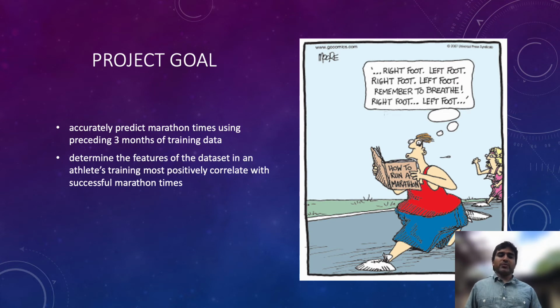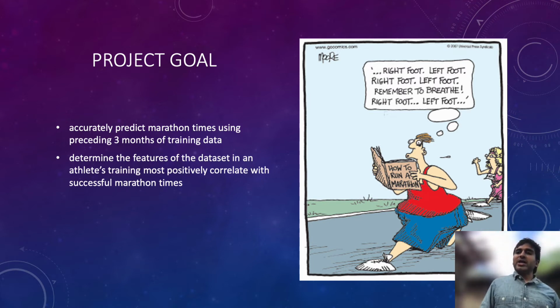So to reiterate the project goals, number one, I wanted to make a model that could accurately predict a runner's marathon time using the previous 3 months' worth of Strava training data. And number two, I wanted to determine which attributes were most important in determining this marathon time.